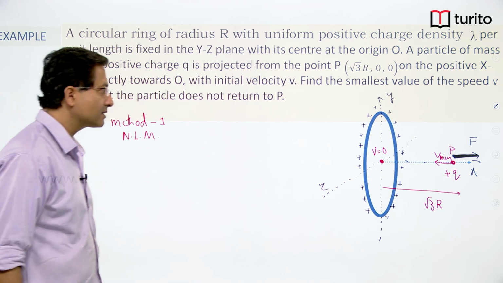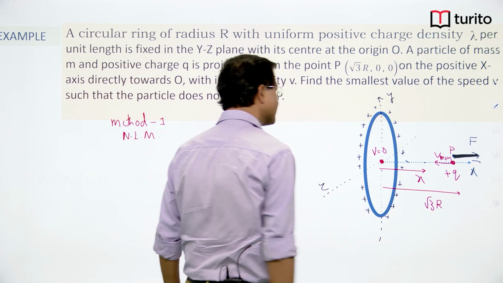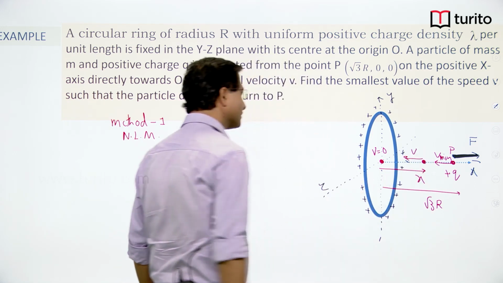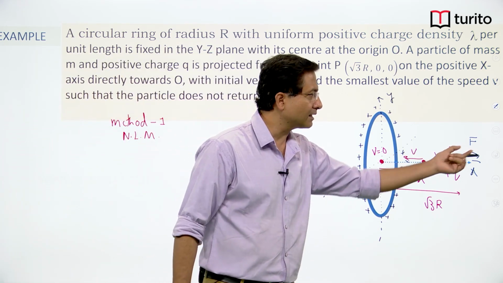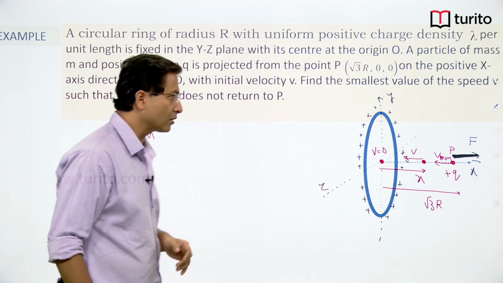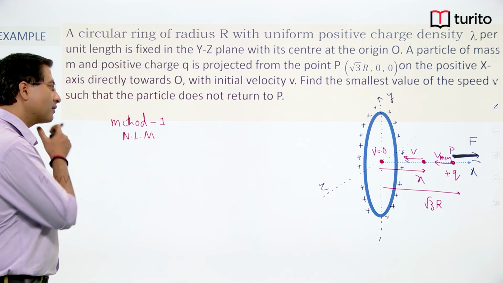At any general distance x from here, say this particle is having velocity v in this direction. It was projected with minimum velocity, but because of the force in this direction the velocity got reduced, and at this particular point it had some velocity v. So what can I write for this particular position?